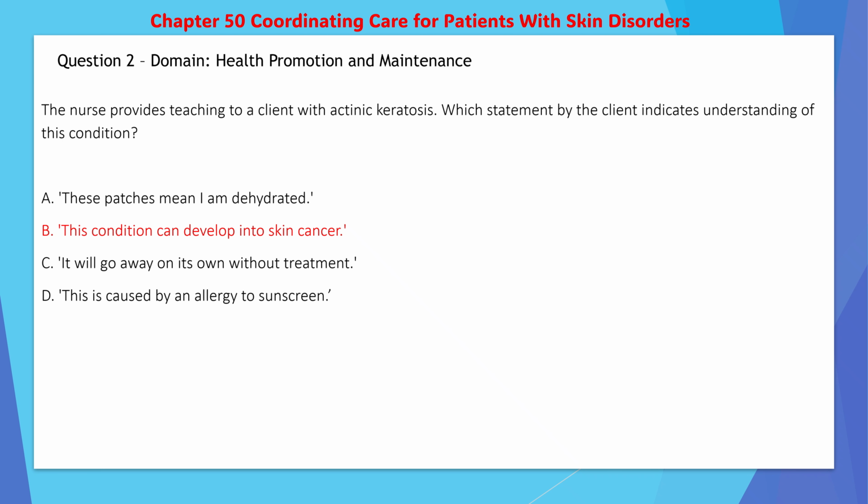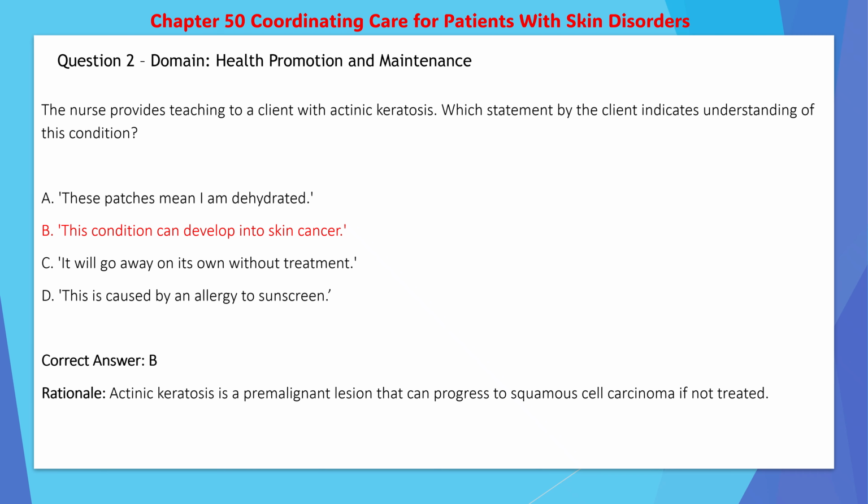So this condition can develop into skin cancer. So why? Because we know this actinic keratosis, it's a keyword that I said in key terminology. Many students skip that, but it's very important because if you don't know what this means, you are fishing, just fishing for the correct answer.